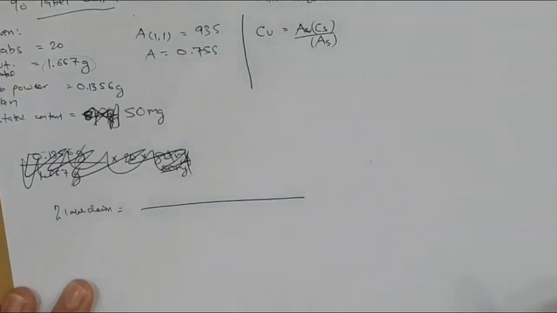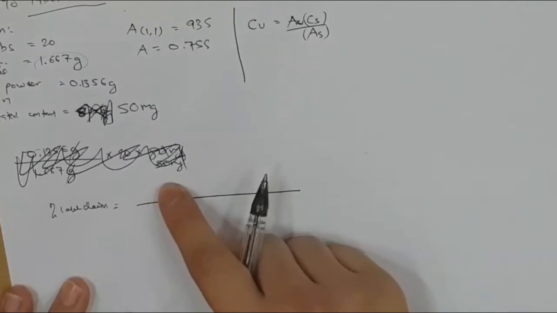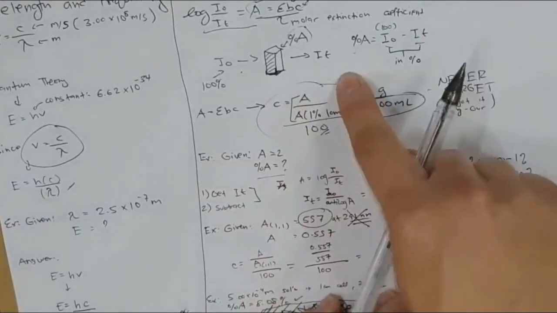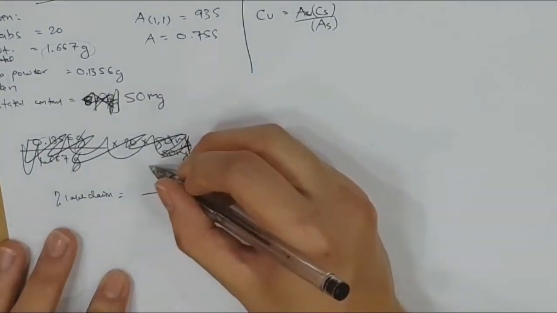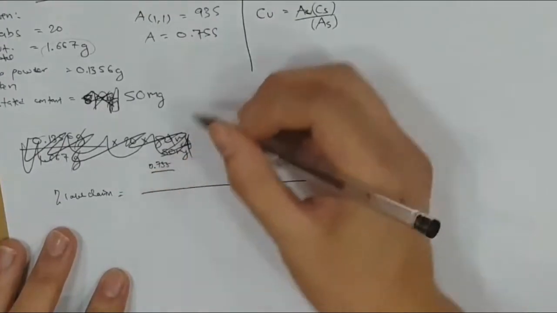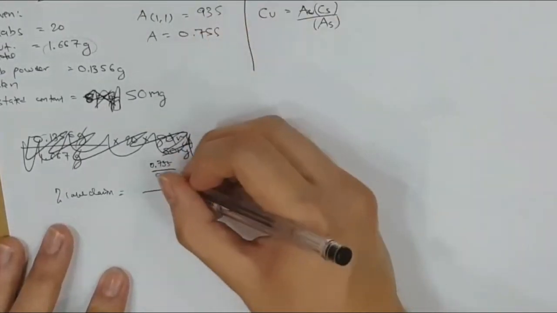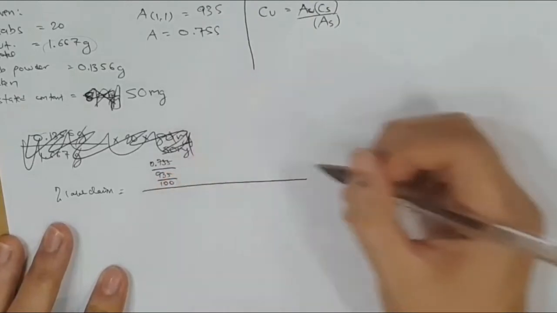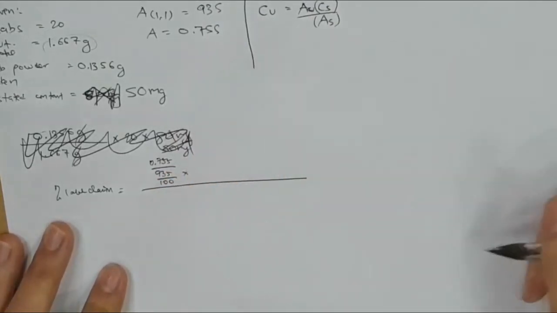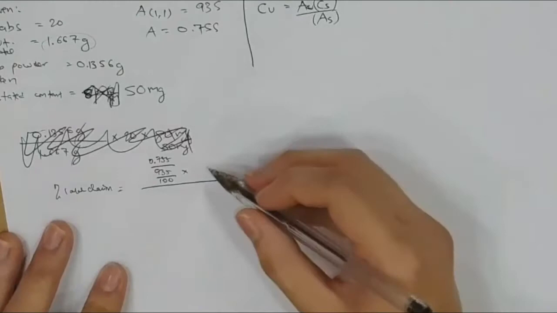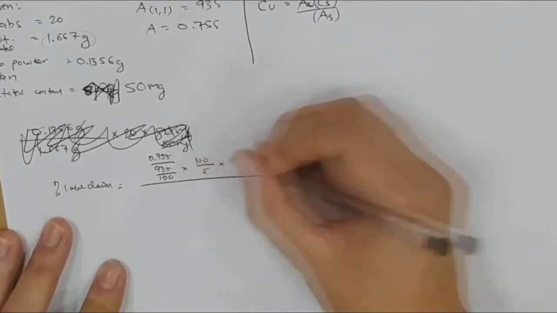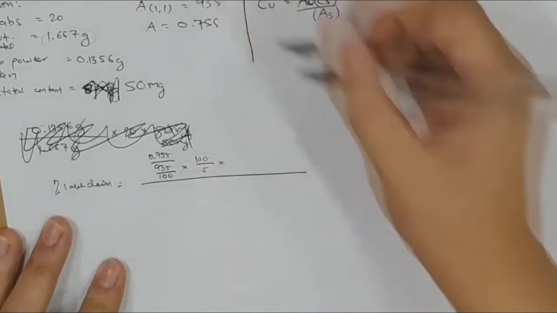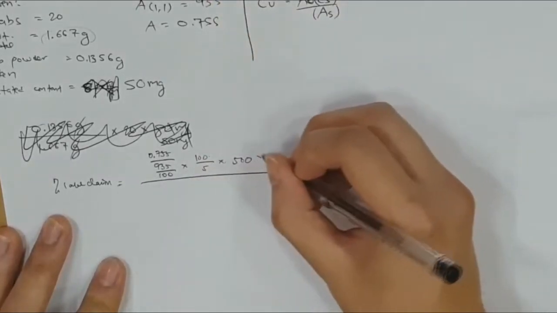Yes. We were confused. And here, what we do first is we again use this formula over here since it's a drug product. And here, your value is 0.755 for absorbance, A11 over 935 times 100... Don't forget, that's the first part of your formula. And the dilution factor comes next, which is, as mentioned earlier, 100 over 5 times your initial volume, which is 500.